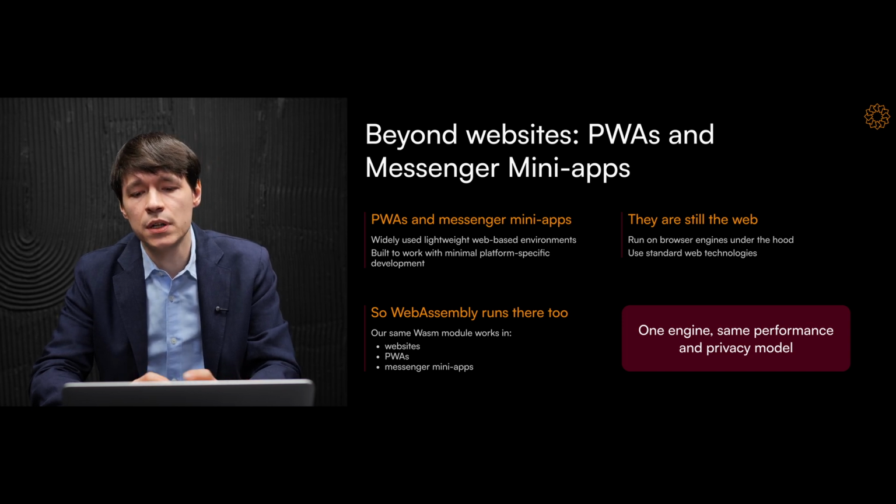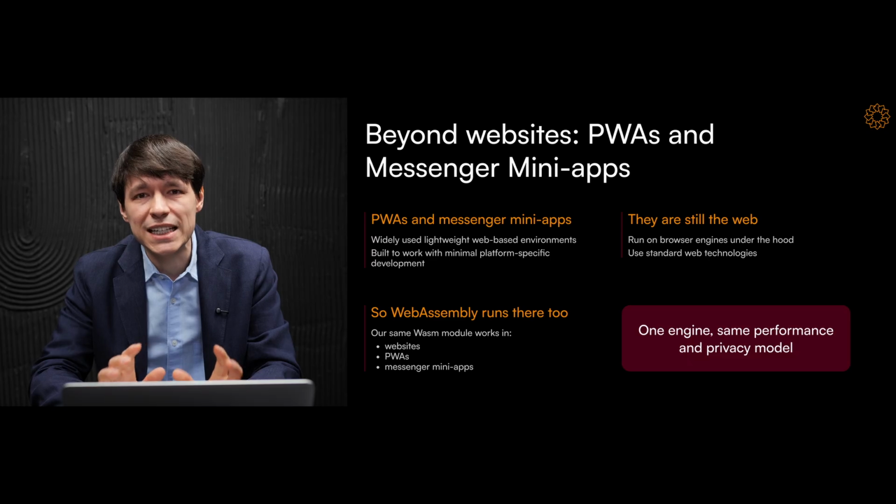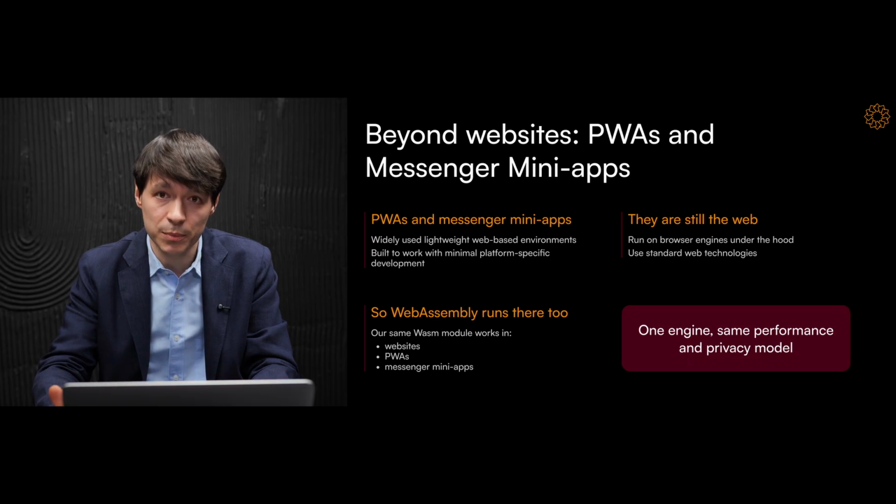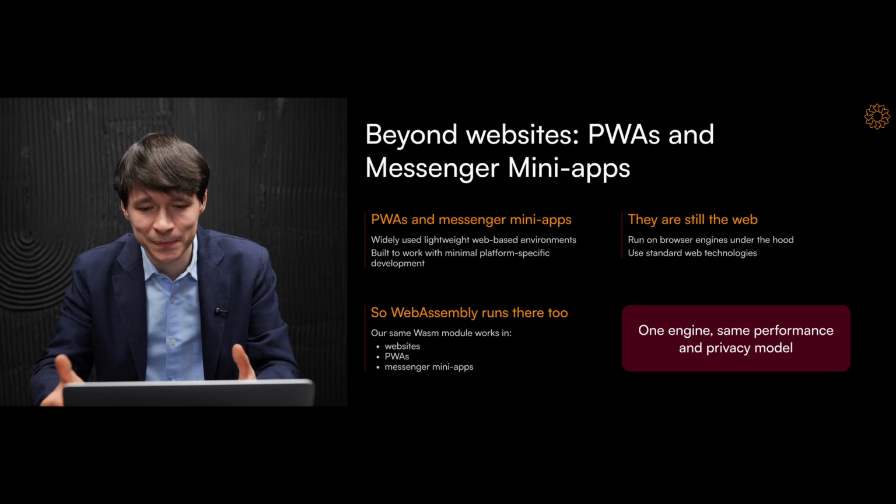Messenger mini apps illustrate this shift particularly well. Companies increasingly interact with users directly inside messaging platforms, such as Telegram, WhatsApp, WeChat, Discord, and others like that, simply because that is where communication already takes place.